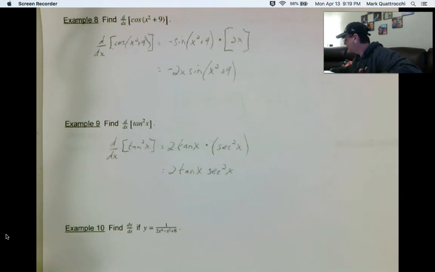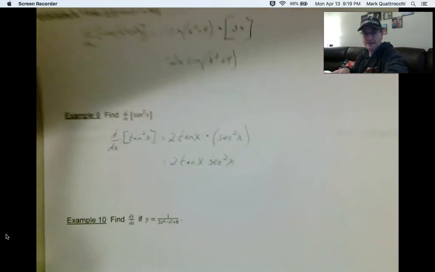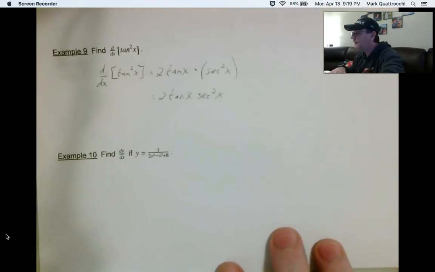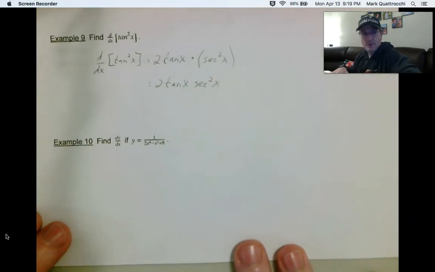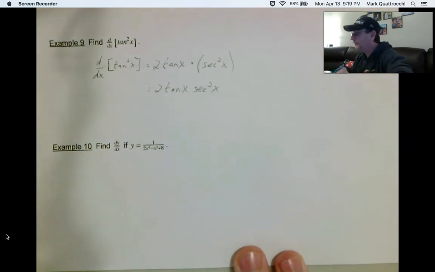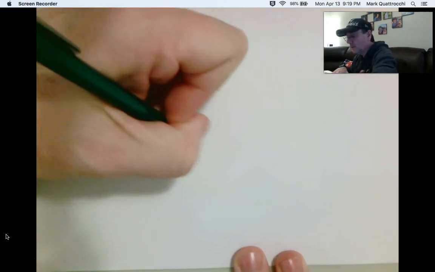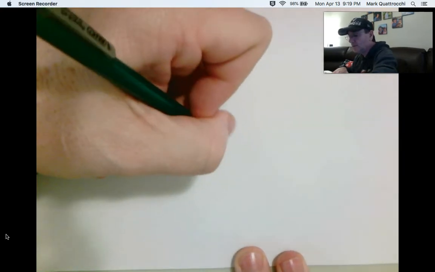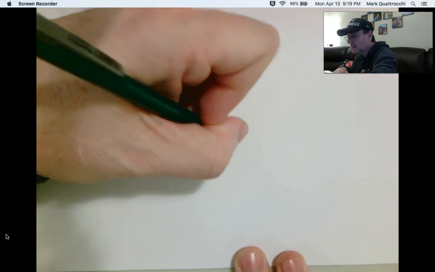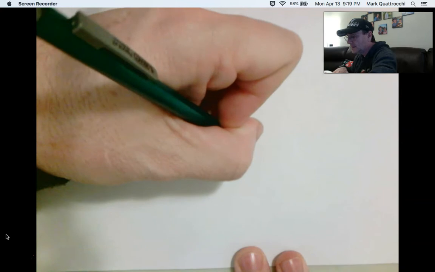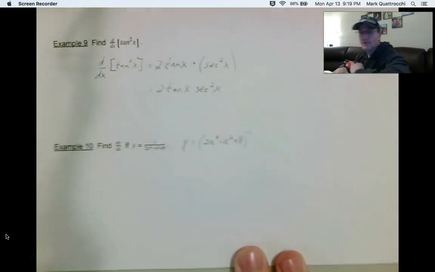Example 10 is going to be easier if we rewrite the y function so that y is equal to 2x to the 4th minus x squared plus 8, raised to the negative 1 power.